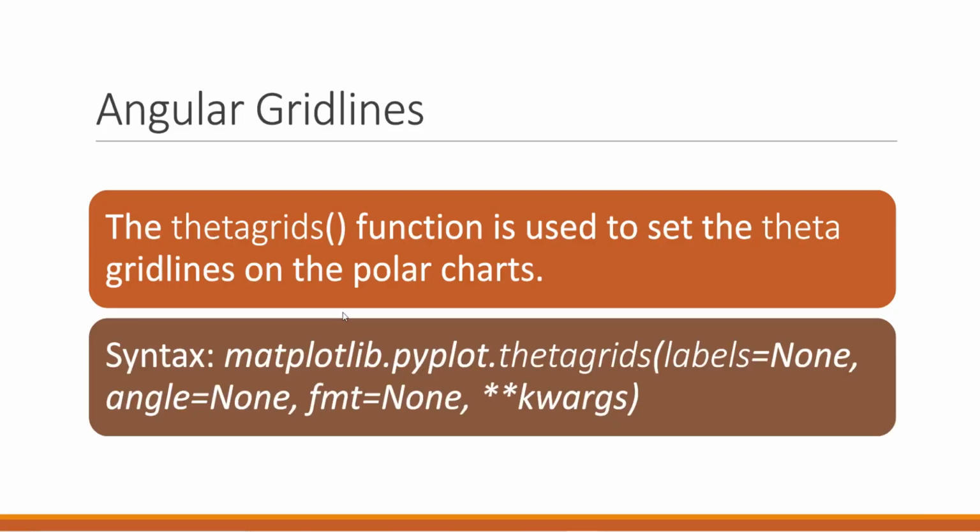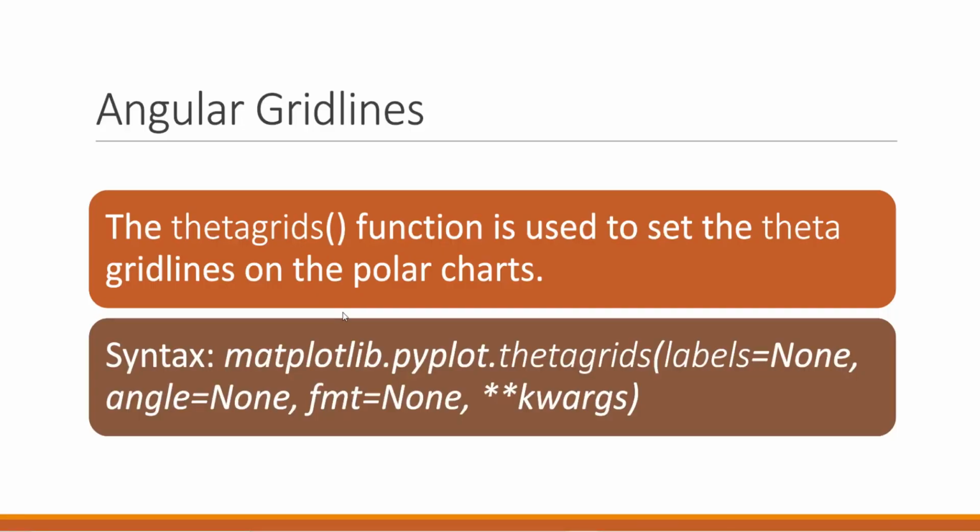The thetagrids function is used to set the theta grid lines on the polar chart, and the syntax for this is matplotlib.pyplot.thetagrids, and the following are the parameters that it has. The first one is labels, and by default it has None value, otherwise it takes a tuple with string values, and the labels that will be displayed at the grid lines are set by this parameter.